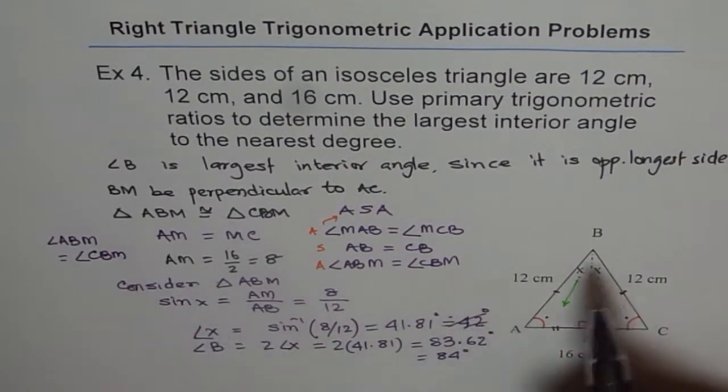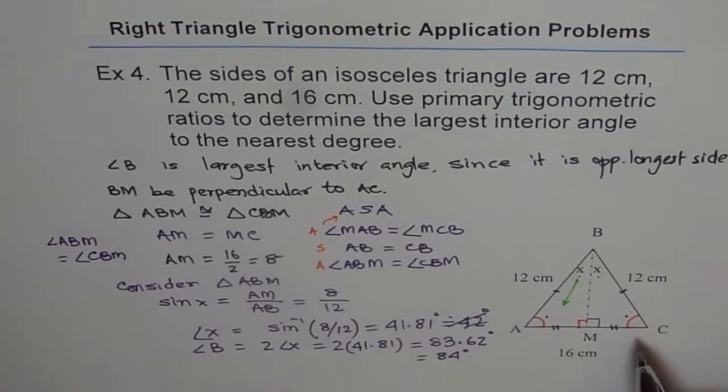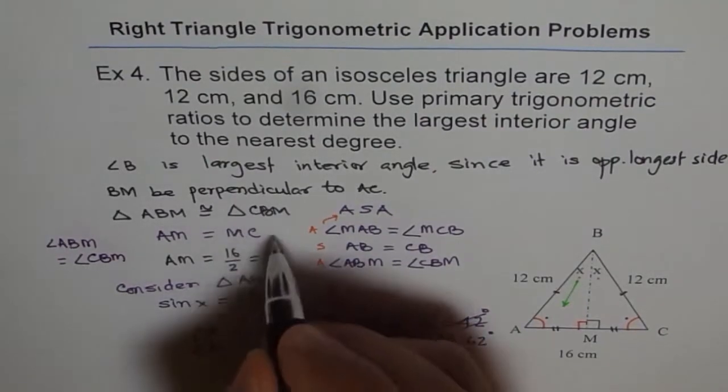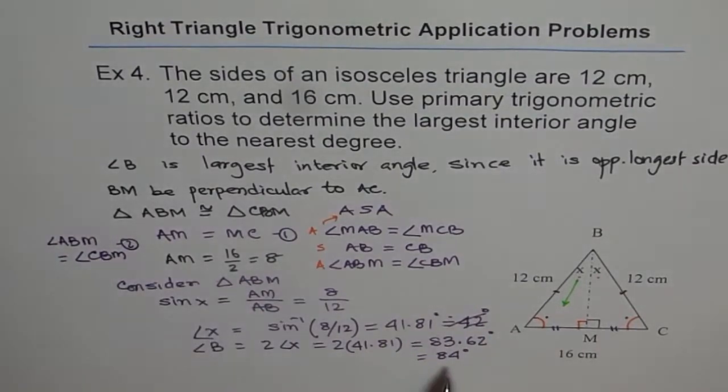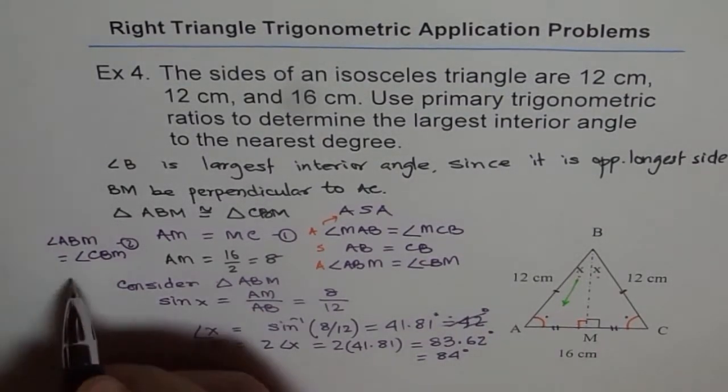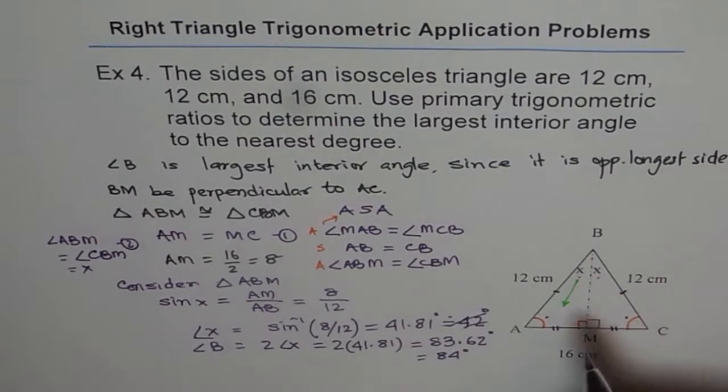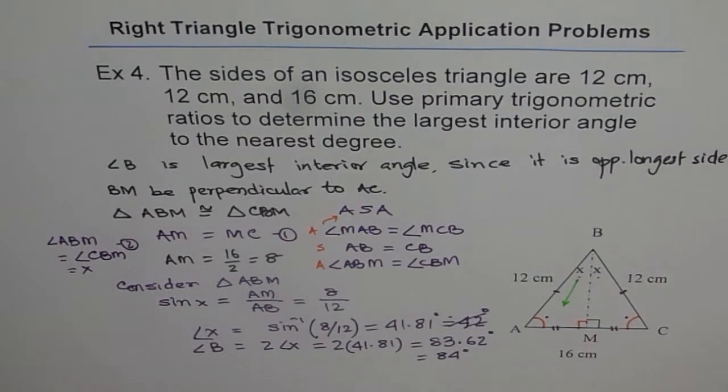When the triangles are congruent, all their angles are equal and all their sides are equal. So we found two things, one this and one this, and that is why we say let it be equal to X each. And then we move further with our solution and found the angle B, which is twice X. 84 degrees is the approximate answer.